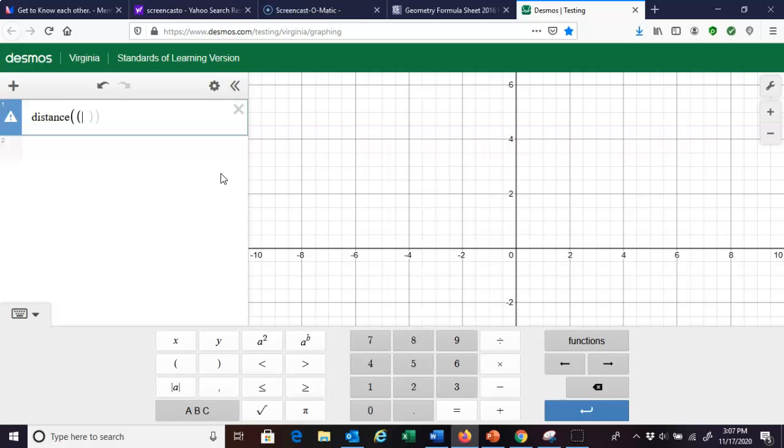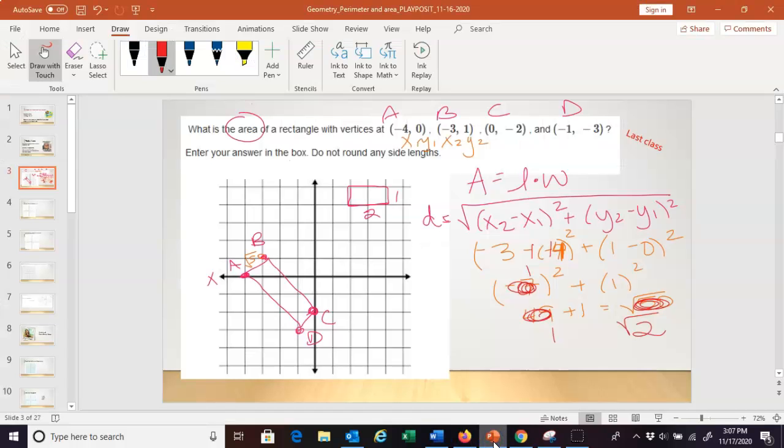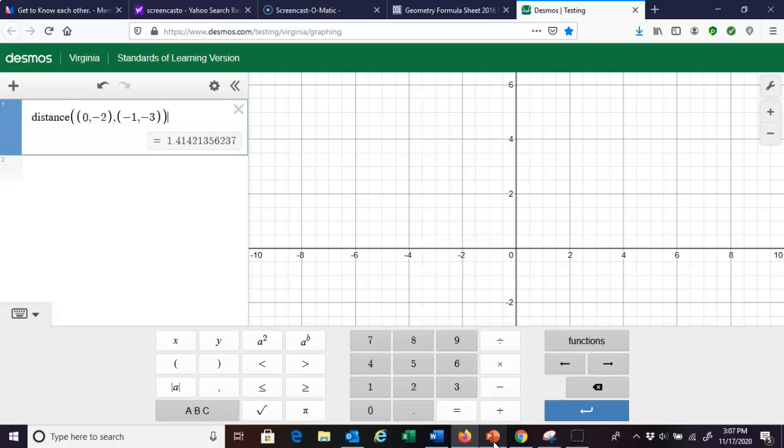The other 2 points, C and D, we had 0, -2, and -1, -3. Make sure I copied that right. 0, -2, -1, -3, and we get 1.4142.